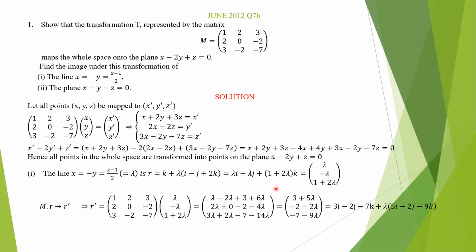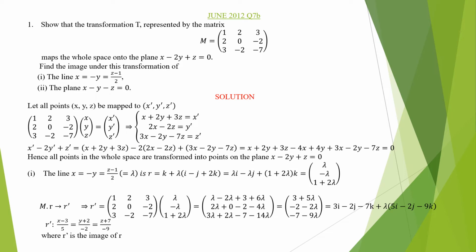So we multiply and then we get this matrix, and converting back to the vector form of a line, we get this. Since our equation was given in Cartesian form, it's good we convert this vector form to Cartesian form. So we now get this in Cartesian form, where r prime is the image of r. Okay, so we are done with Roman 1.